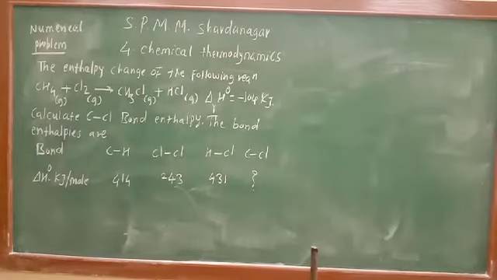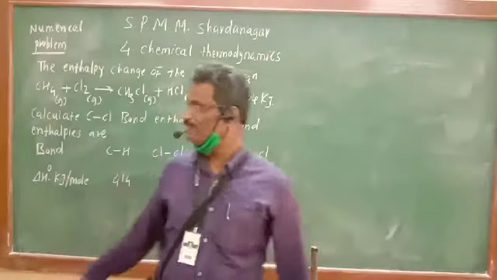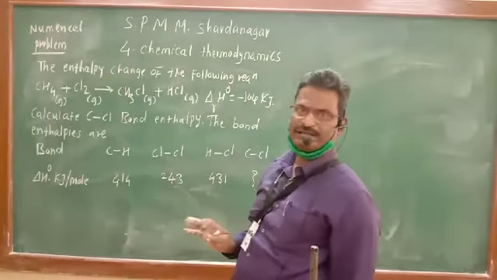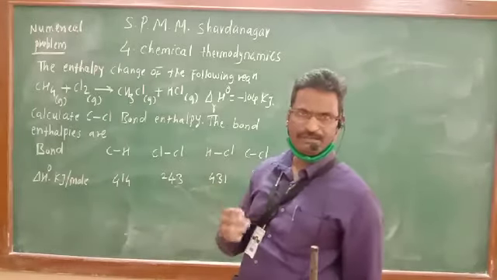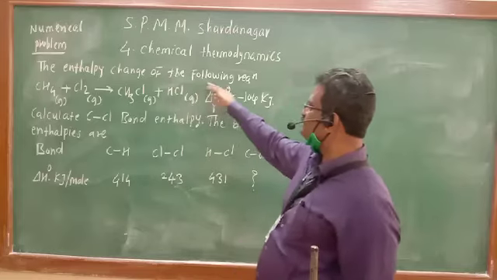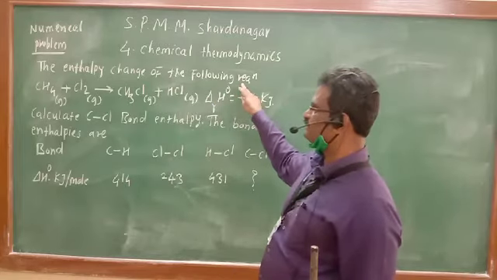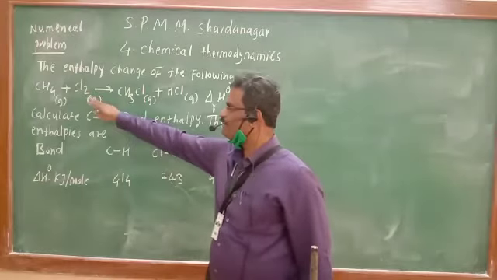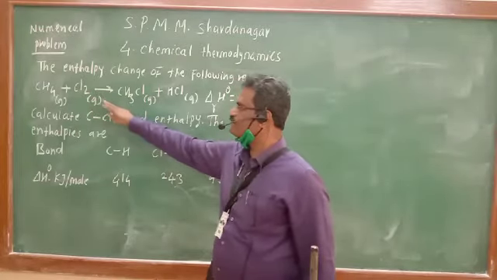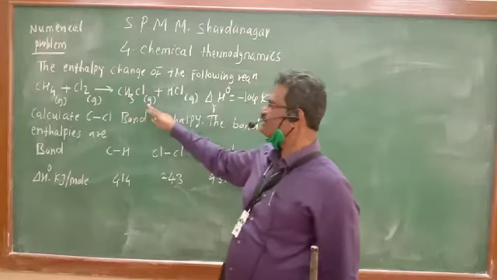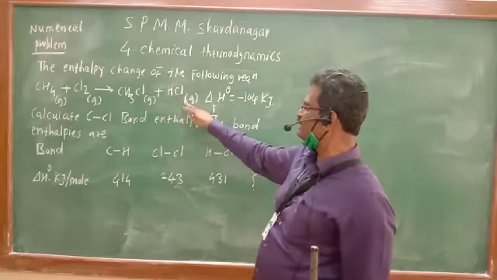Now see here, this is a numerical example based on bond enthalpy and enthalpy of reaction. The problem is the enthalpy change of the following reaction. For this reaction, enthalpy change is given. What is the reaction? CH4 gas plus Cl2 gas giving CH3Cl gas plus HCl gas.